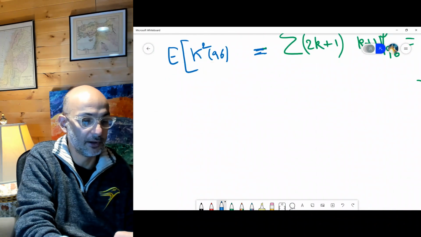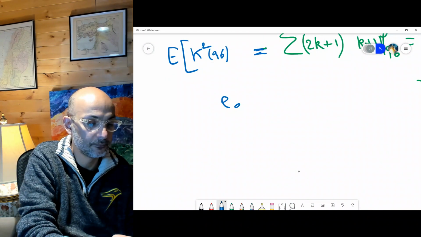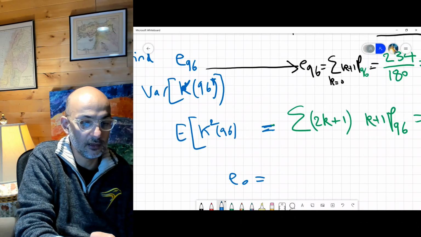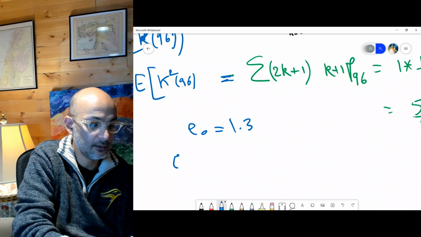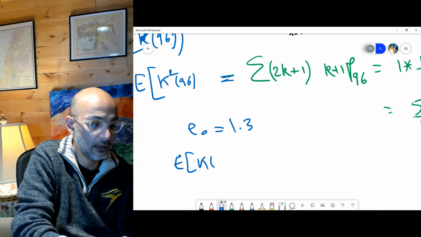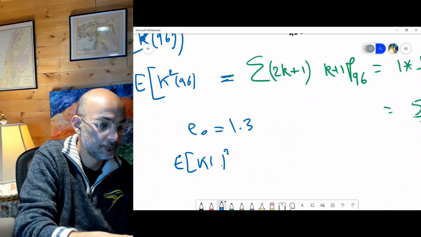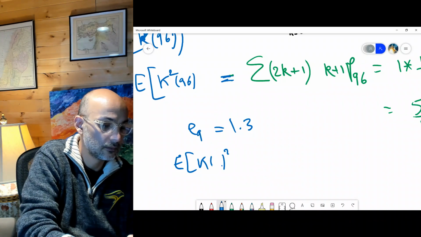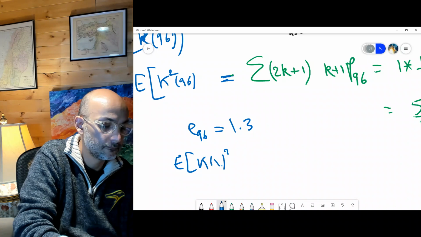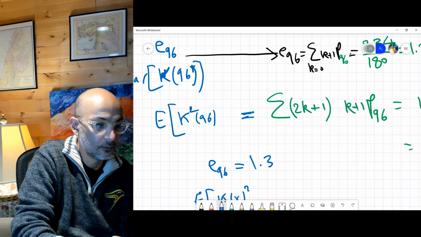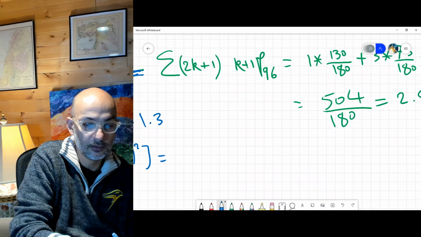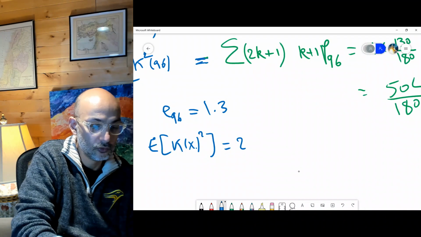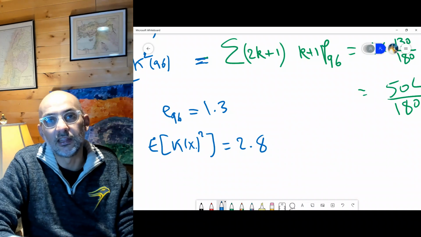So now remember, E0, we got the expected value to be 1.3. Now the expected K squared of 96 is equal to, I just computed it, 2.8. Now we can calculate the variance, right?